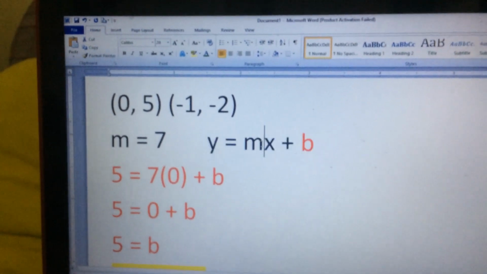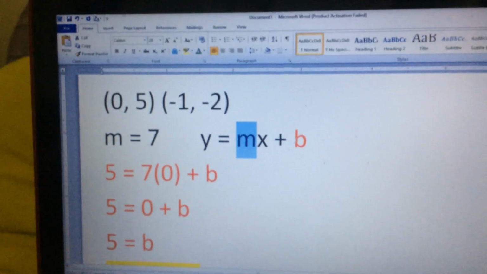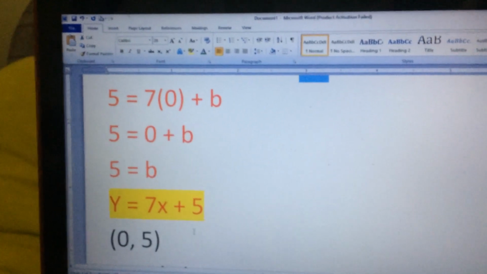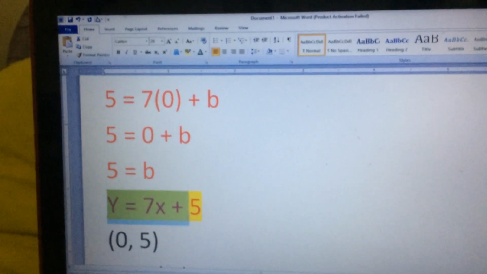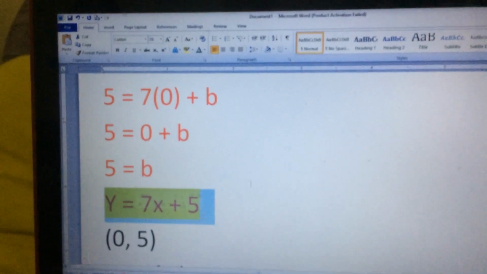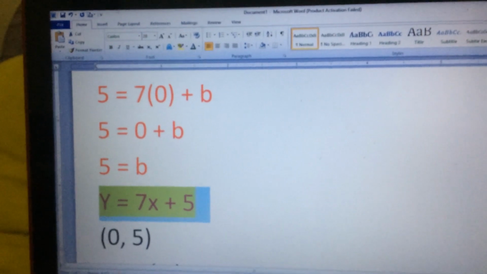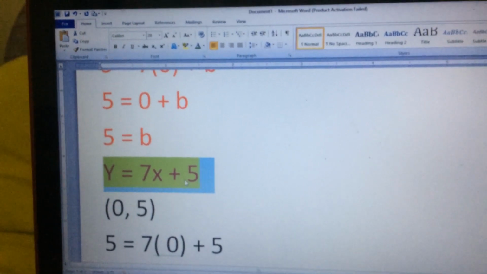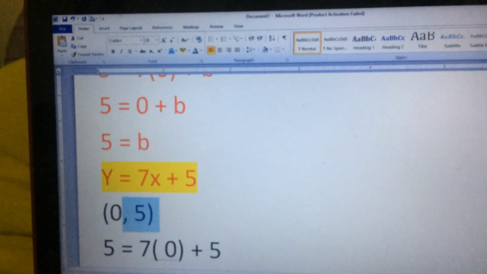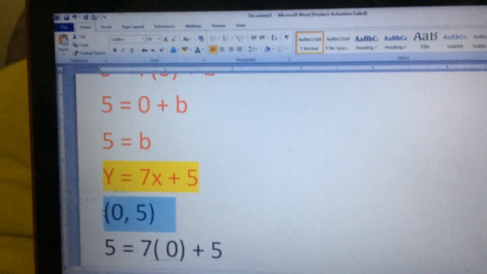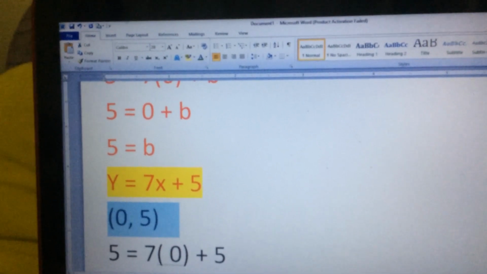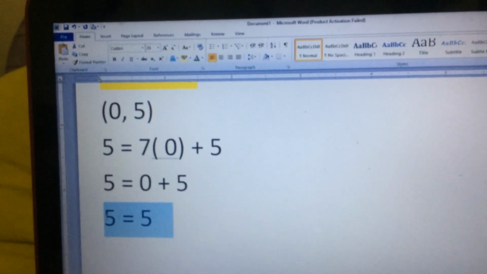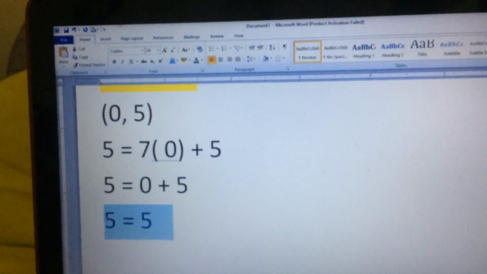You replace m with its value and b also with the obtained value until you get the equation of the line. Now, if you want to make sure with your answer, you can substitute to this obtained equation any of the points from the two ordered pairs. So that's how we check it. Make sure we equate it like this.